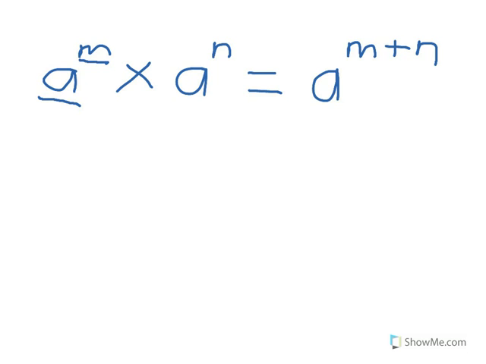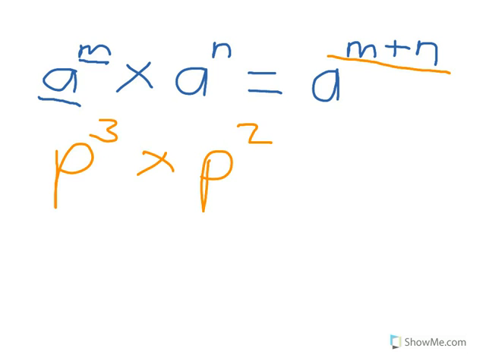So when we're multiplying two bases together, their indices are added together. For example, if I had p to the power of 3 times p to the power of 2, this will equal p, the base remains the same, and we add the indices together.